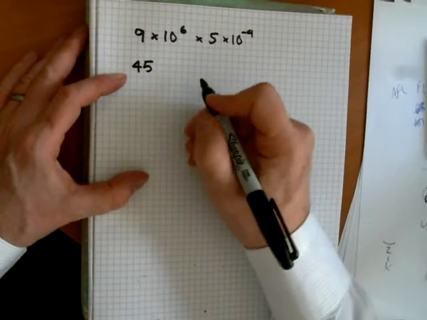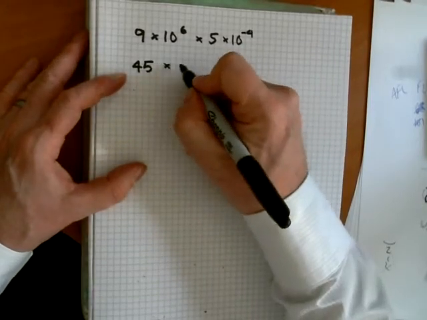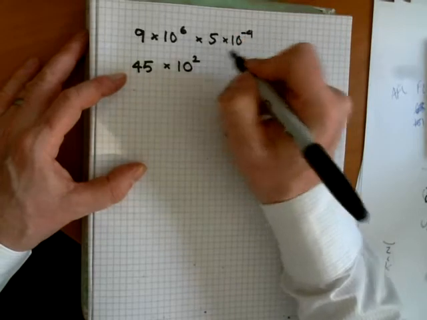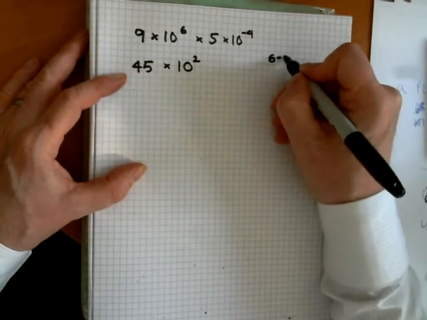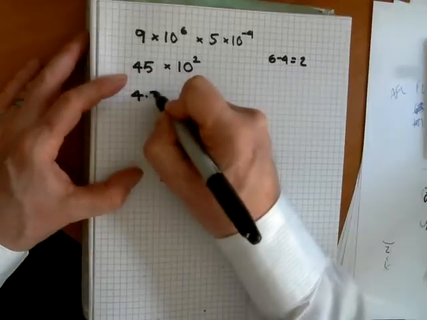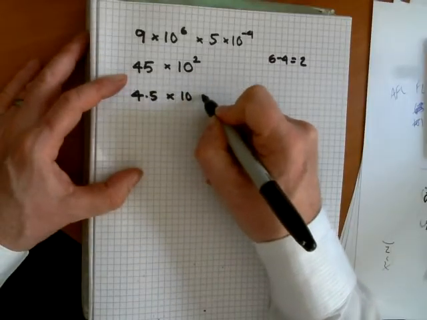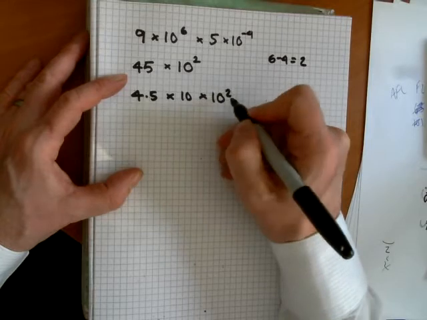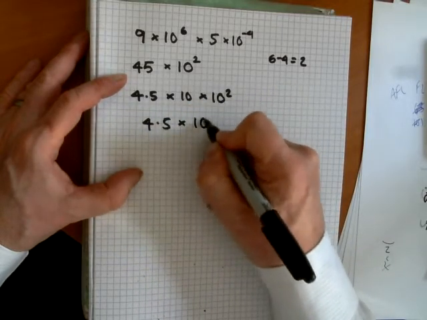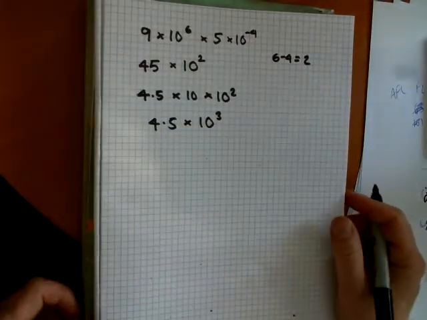I'm not going to write them together, I think you know what I'm doing by now. And if I add the powers together, I get 45 times 10 squared, since 6 minus 4 gives me the 2. So I write that as 4.5 times 10 times 10 squared. And 10 times 10 squared gives me 10 cubed.